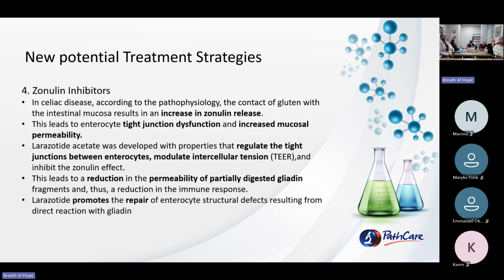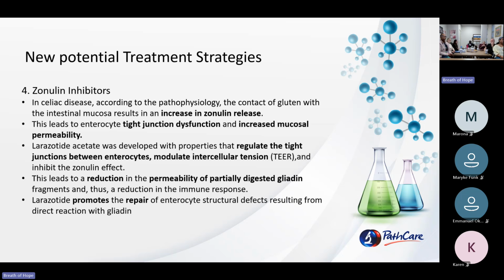And then from the pathophysiology side, zonulin inhibitors. So in celiac disease, according to the pathophysiology, the contact of gluten with the intestinal mucosa results in the increase in zonulin. So that leads to enterocyte tight junction dysfunction and increased mucosal permeability.